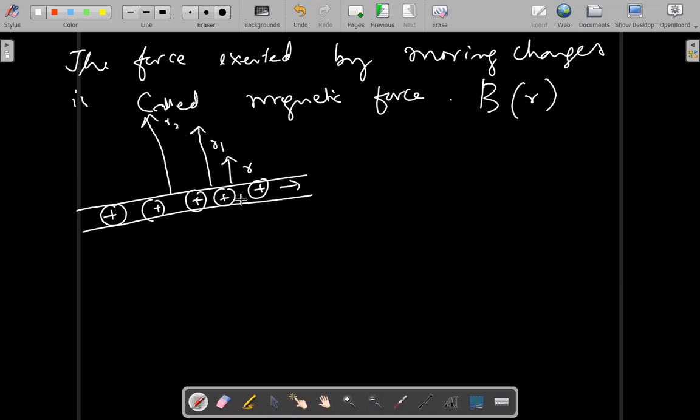So as you go away from the conductor, the field may get weaker and weaker. The force may be weak. That's why this is dependent on R.